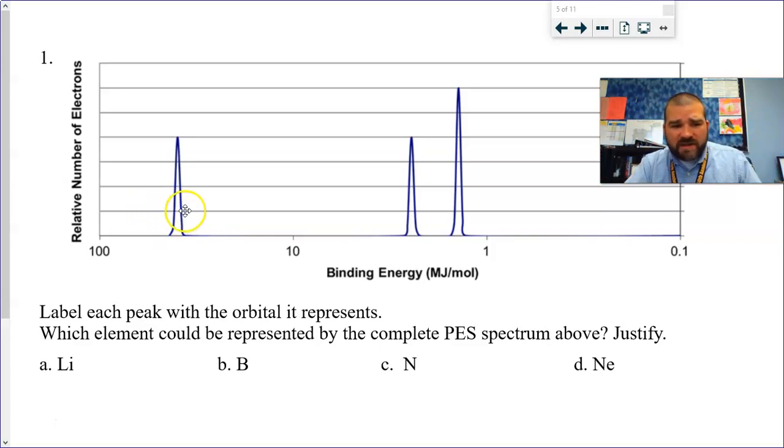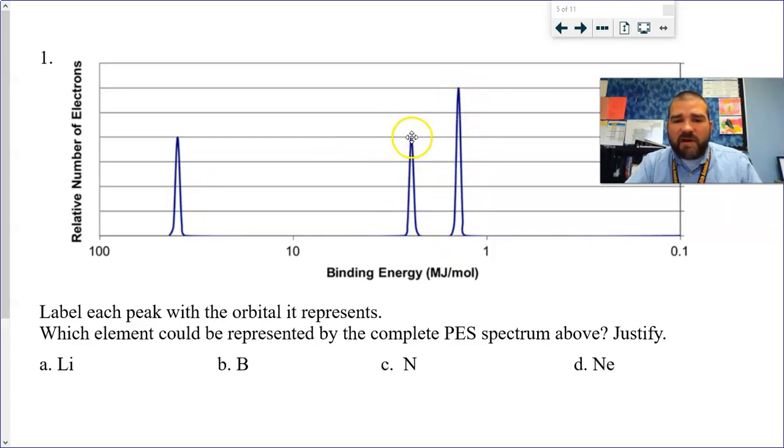What we want to focus on is the relative height of this peak compared to the others. We know an s orbital can hold 2. So this is 1s, 2 electrons, 2s, 2 more electrons, and then we get to 2p.